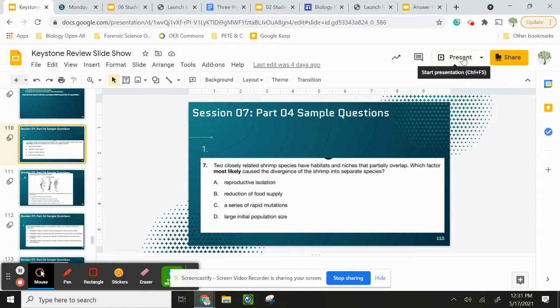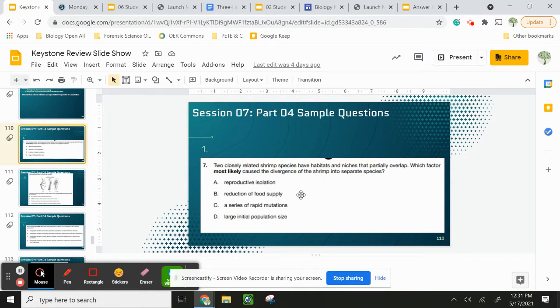Okay. Two closely related shrimp species have habitats and niches that partially overlap. Which factor most likely caused the divergence of the shrimp into separate species? If you remember, the divergence of one species into two separate species that are now chromosomally different from each other, they're no longer considered a species because they can't breed and produce fertile offspring, is caused by a couple different things.